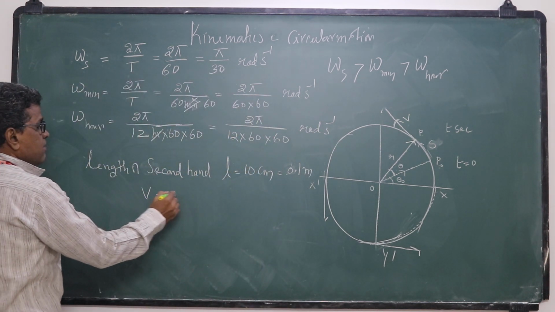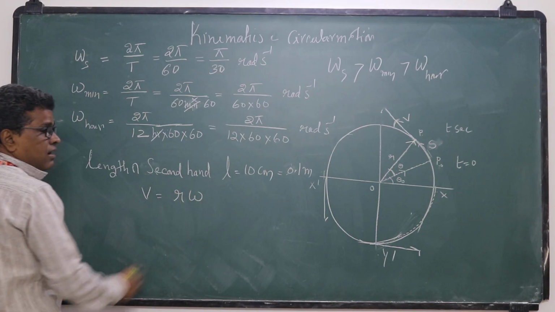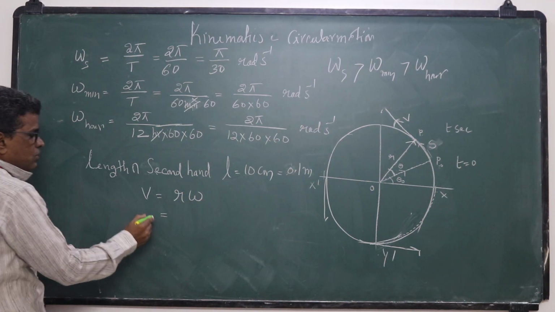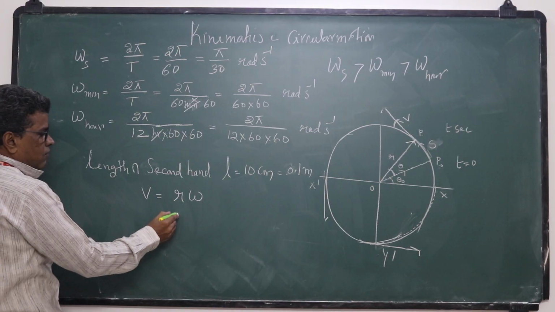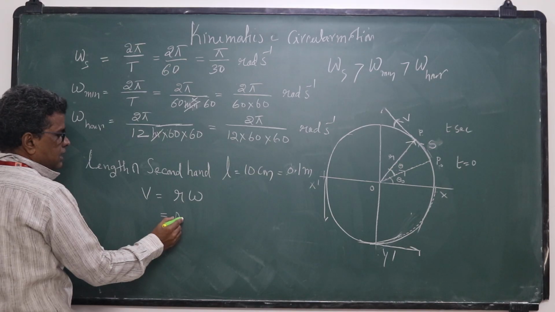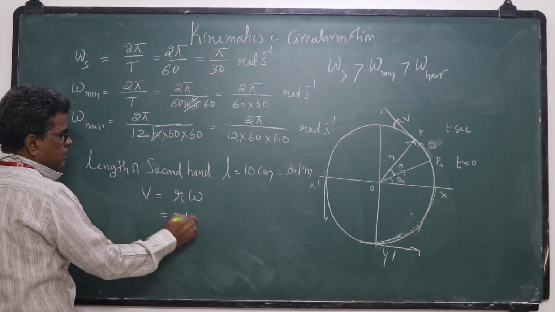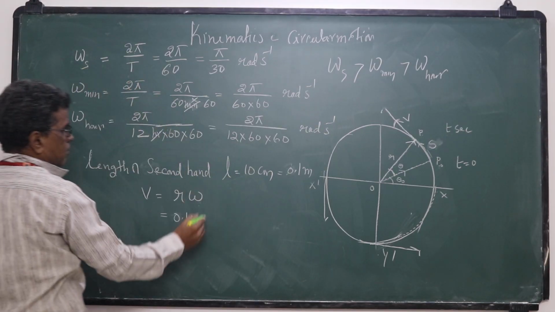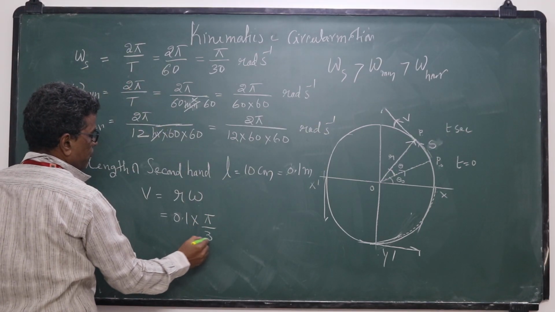Linear velocity is given by r omega. So V is equal to r omega. The length is 10 centimeters, that is 0.1. What is omega? The angular speed of the seconds hand, pi by 30.